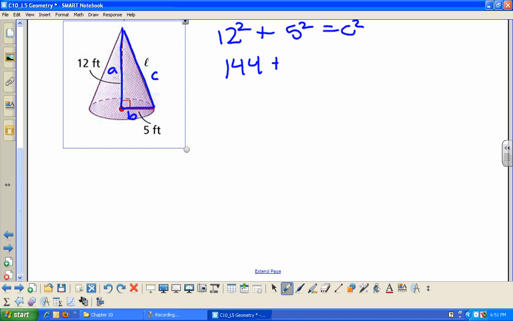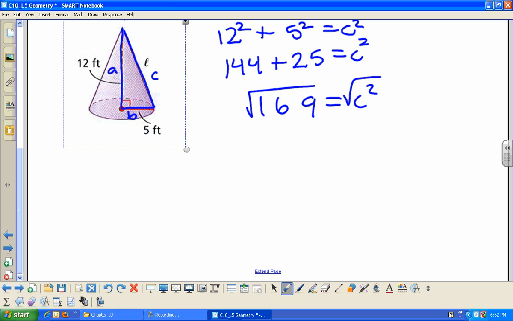So 144 plus 25 will equal c squared, which is the same thing as 169 equals c squared, and take the square root of both sides. 13 is equal to c.